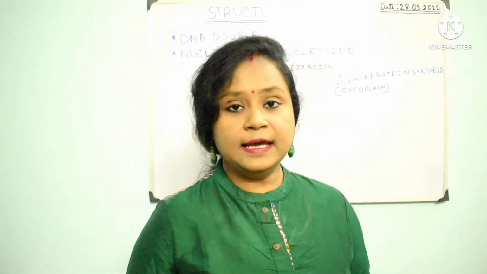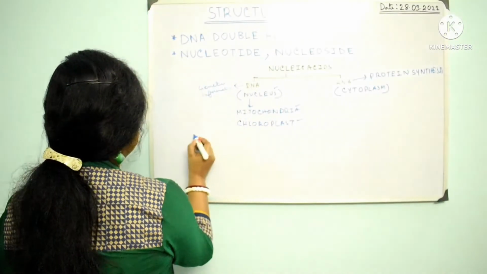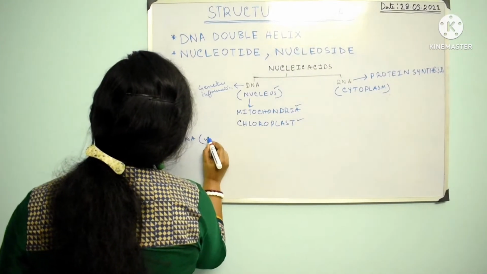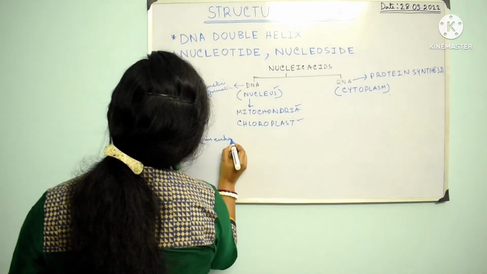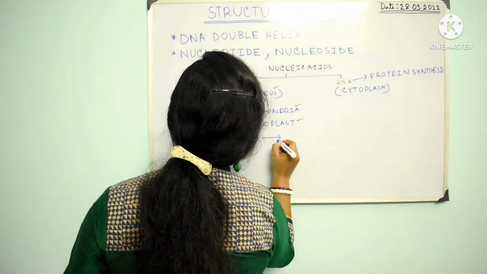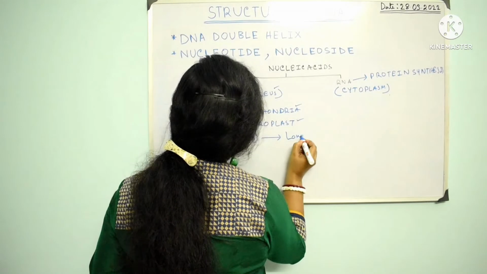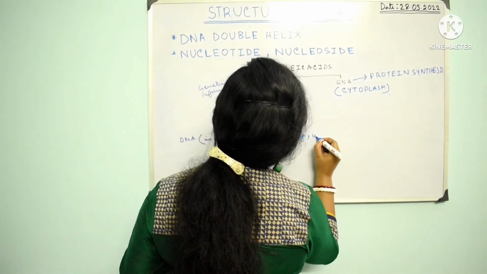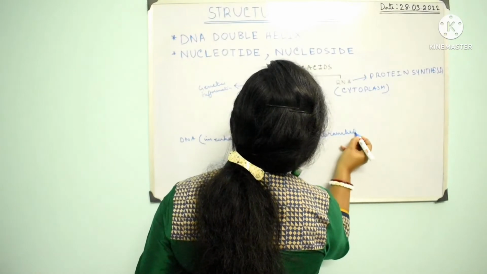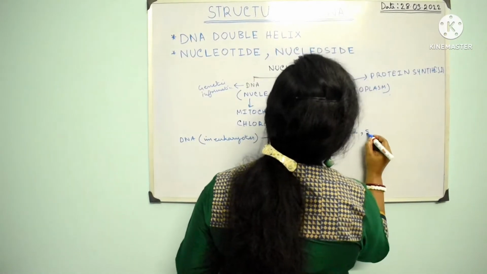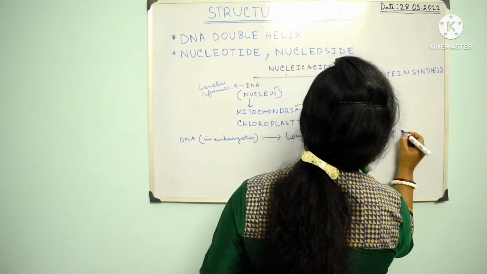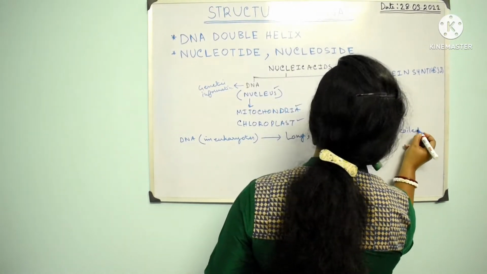And DNA in eukaryotes is long, unbranched and spirally coiled.